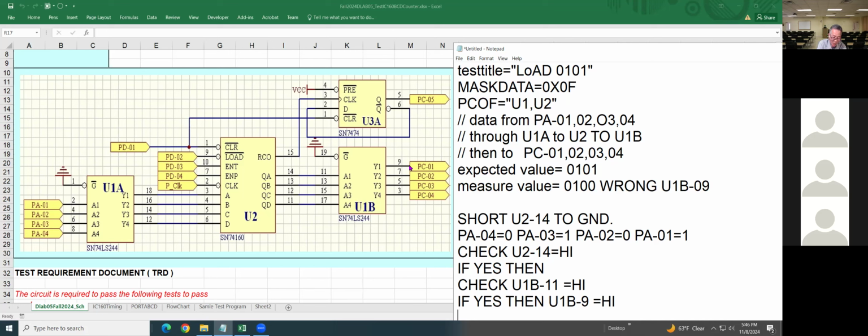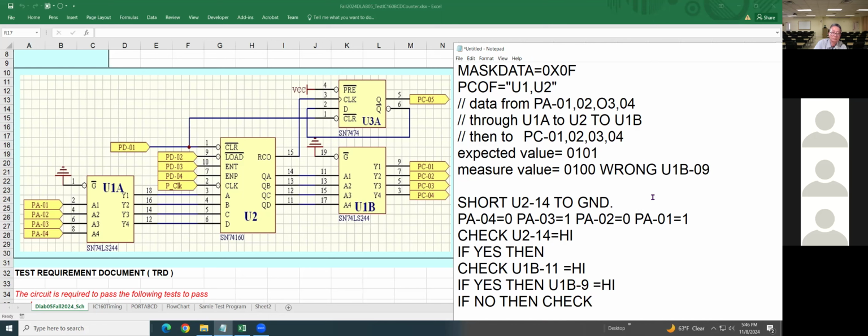If no, then take what? You take 11, you get a logic 1. However, you want U1B, pin 9, wrong.